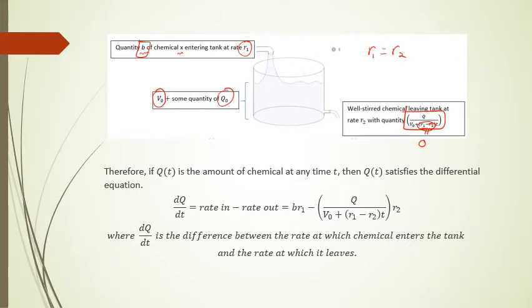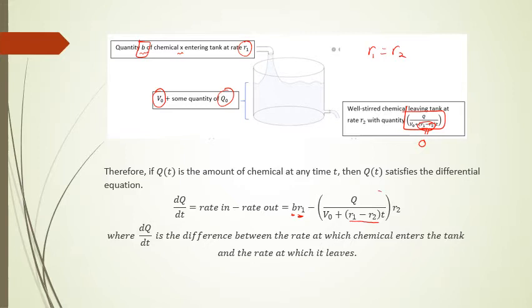Therefore, if Q(t) is the amount of chemical at any time t, then Q(t) satisfies the differential equation dQ/dt = R in minus R out, where the mathematical model is B times R1 minus Q over V0 plus R1 minus R2 times t, times R2.